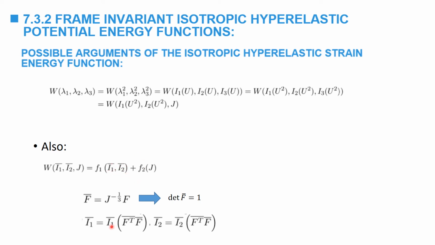I1 bar and I2 bar are the first and second invariants of F bar transpose F bar, and F bar is equal to F divided by the cubic root of the determinant of F, and that guarantees the determinant of F bar is equal to 1. So basically, we are normalizing F according to the volume change.